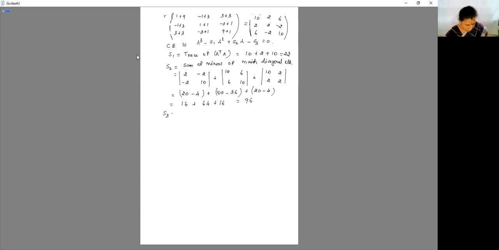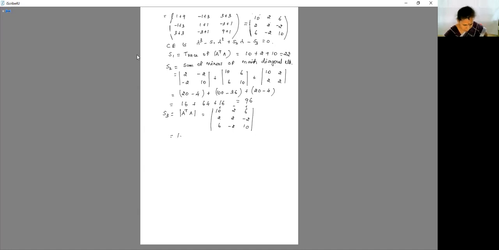And S3 is the determinant of A transpose A, for which we are finding our eigenvalues. So it is the determinant of [10, 2, 6; 2, 2, -2; 6, -2, 10]. Finding the determinant, we are expanding along the first row.